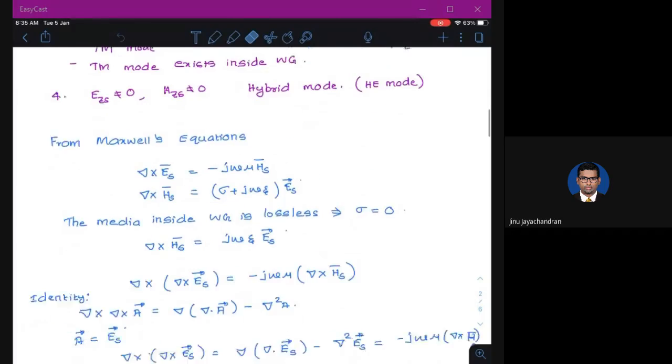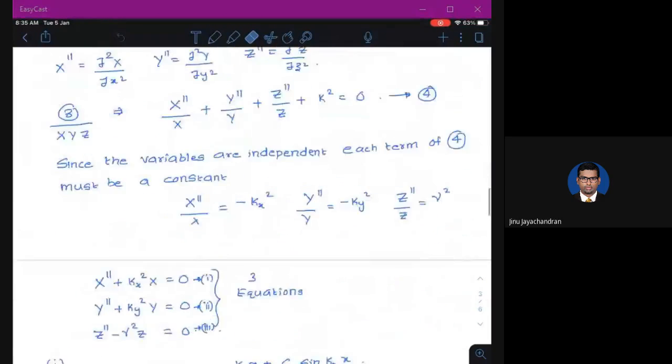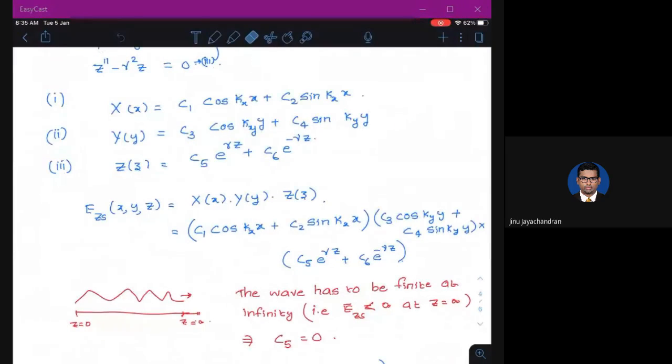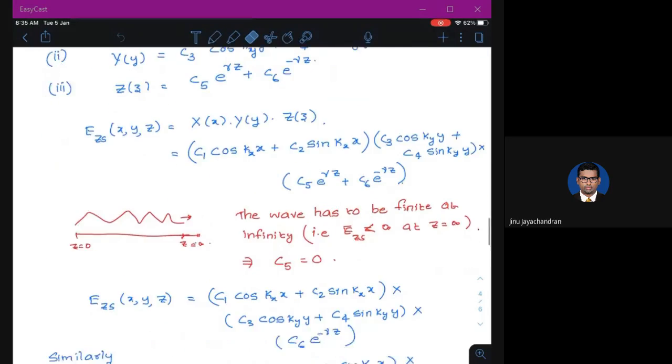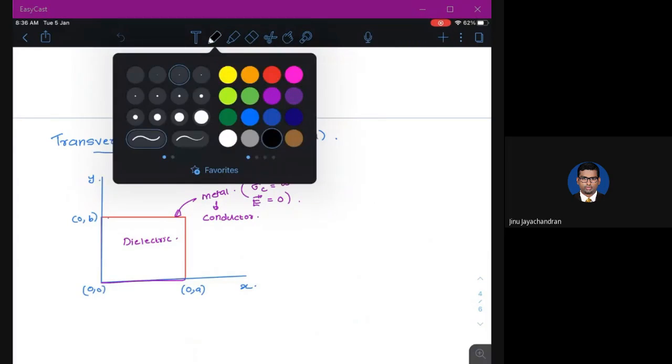And then we had derived an expression for EZS, which is coming in our equations for EXS, EYS, HXS, HYS. EZS and HZS are coming, and we have found a general expression like this. And next we are going to look at specifically the TM mode.